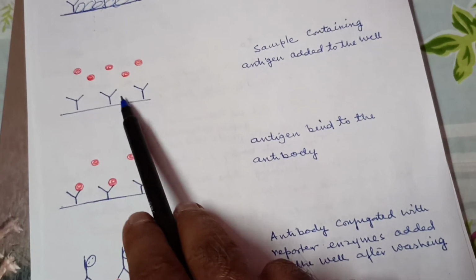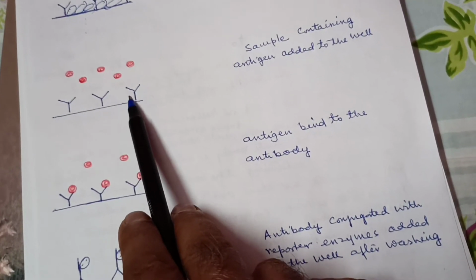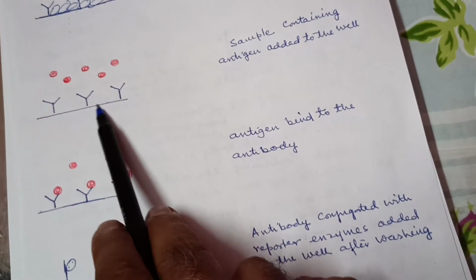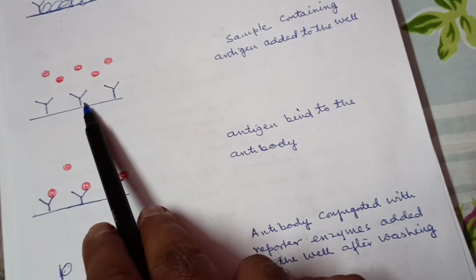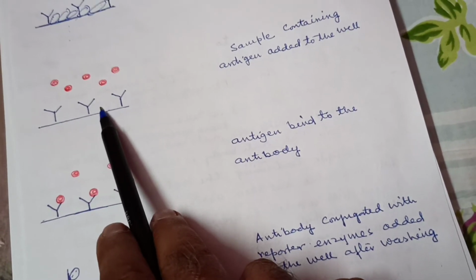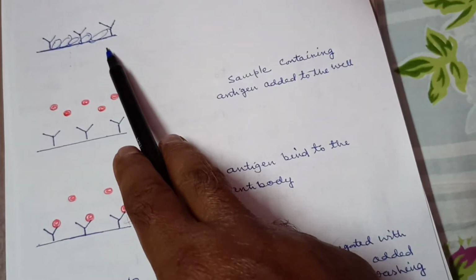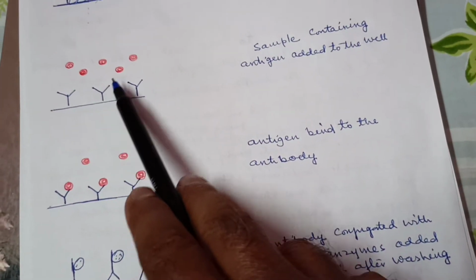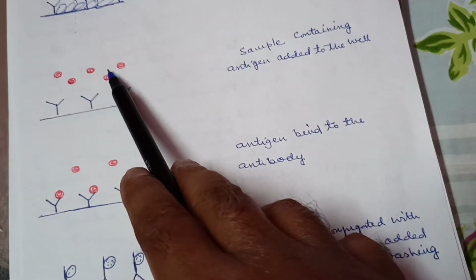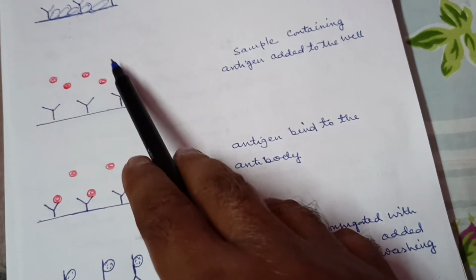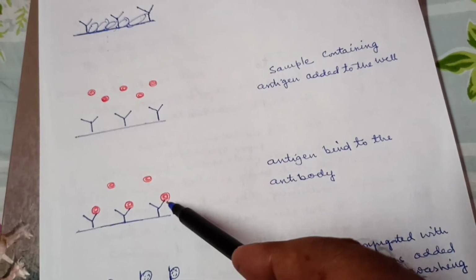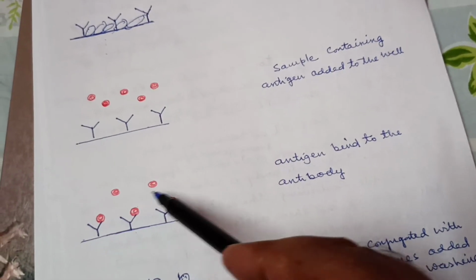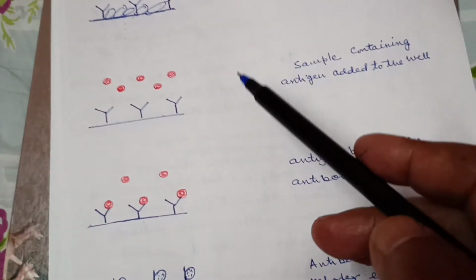It is not shown here, but the blocker is present over here like this. When the antigen is added, the antigen will bind to the antibody.